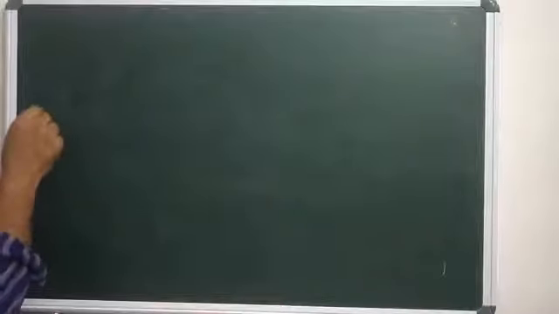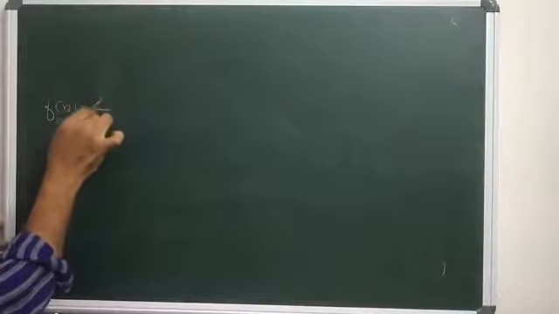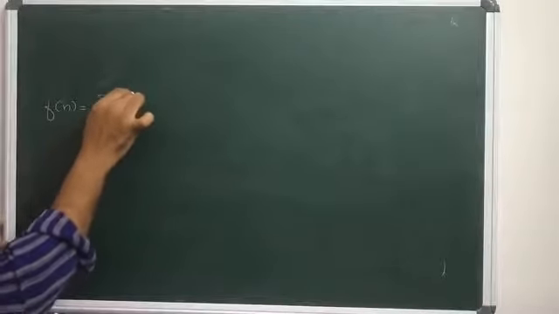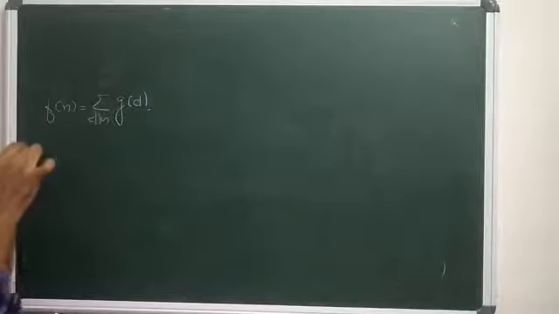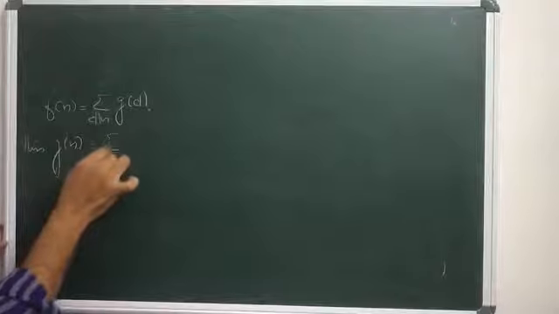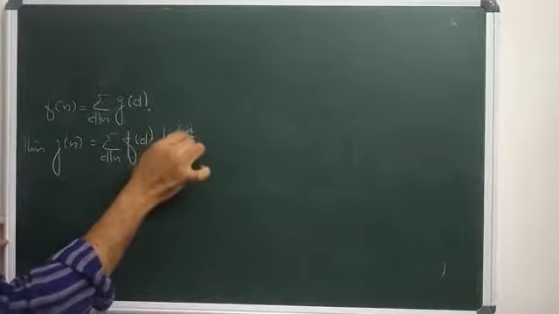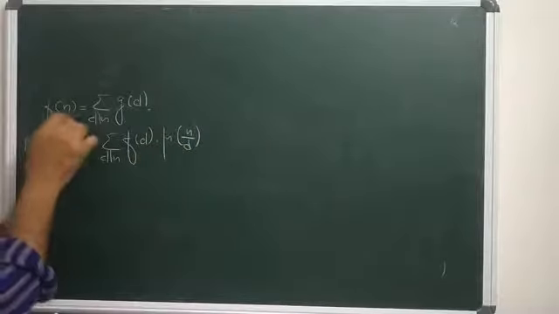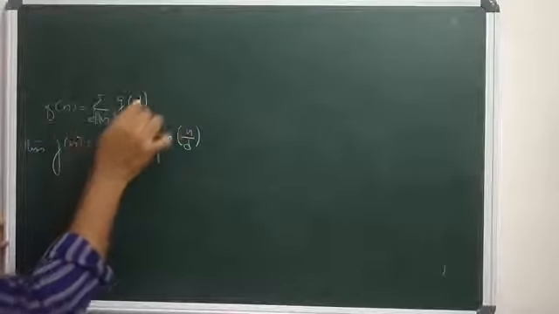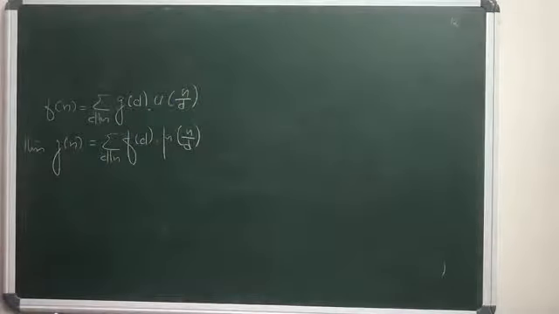the Mobius inversion formula. Mobius inversion formula says that if f of n equals sigma over d divides n g of d, then g of n equals sigma over d divides n f of d into mu of n by d. That means sigma over d divides n g of d can be rewritten as g of d into u of n by d. Why?